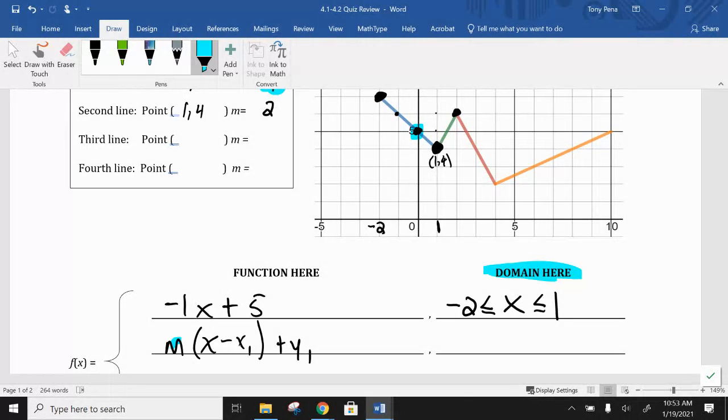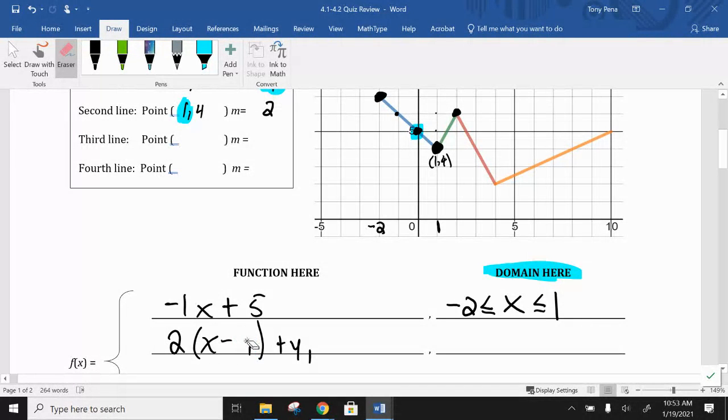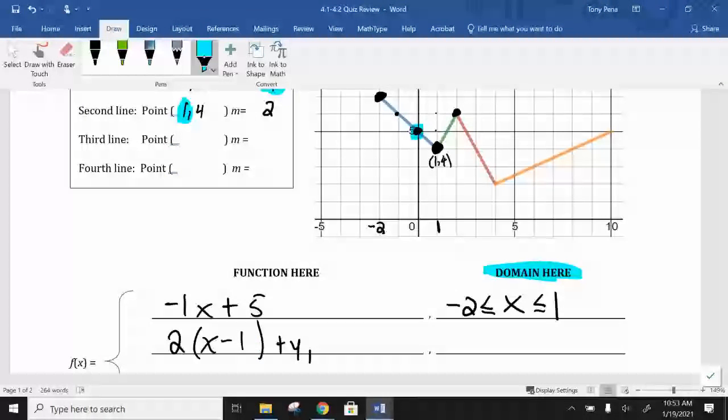Let's try again. All right. So get rid of your slope. We know our slope is going to be a 2. Then we need an x-coordinate. The x-coordinate of the point that I picked is that 1 right there. So you're going to put a 1 for that spot. And then the y-coordinate of that point is a 4. So where we see the y down here, you're going to do a +4.